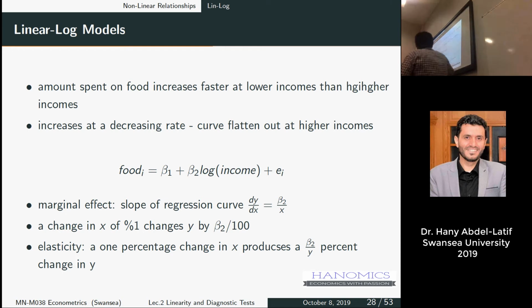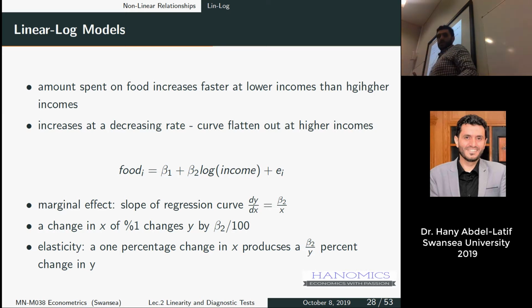So in that case, we'll have log income, and how do we interpret it now? The important thing here is how to interpret that beta. Remember, my job is to collect data from a sample, use some estimation method to get the values of these betas, and based on these betas, I interpret the relationship between X and Y. In this case, we divide beta by 100, and that is the result not of a 1 unit change of income, it's actually a 1% change.